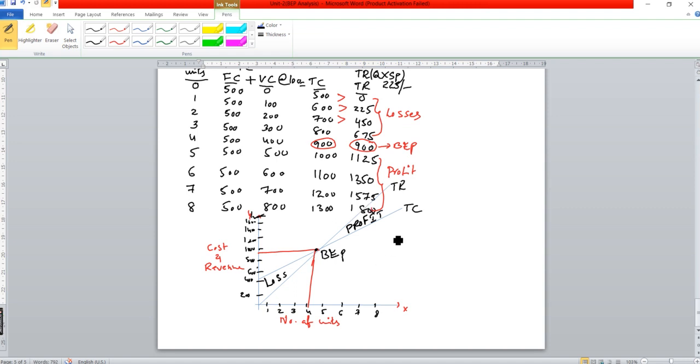The same data we can use for calculating the mathematical model. Using the formula, we can find out the break-even point using the same data.